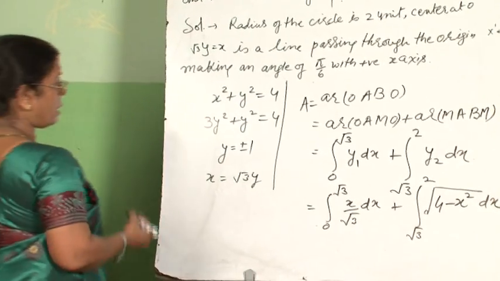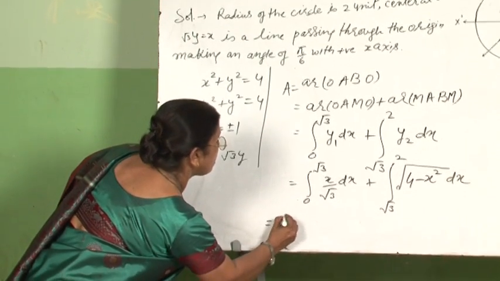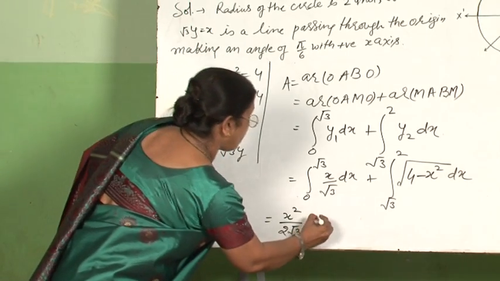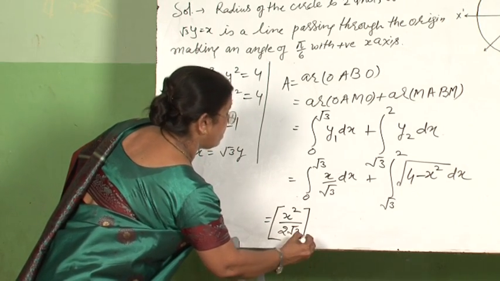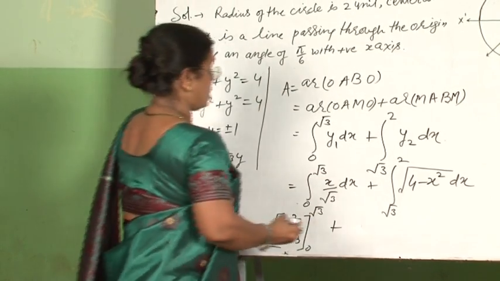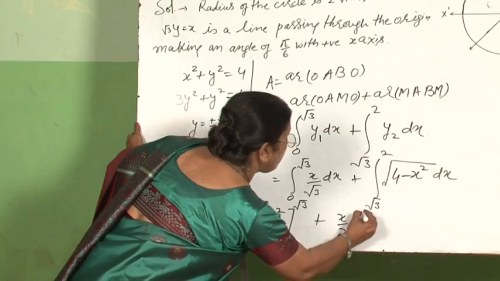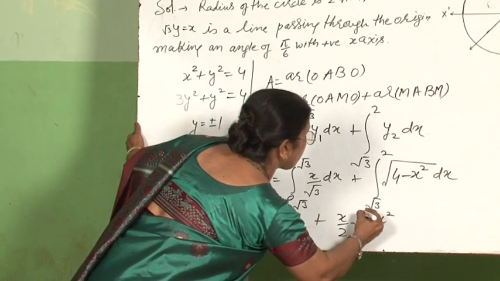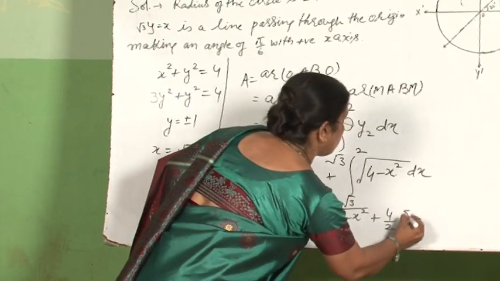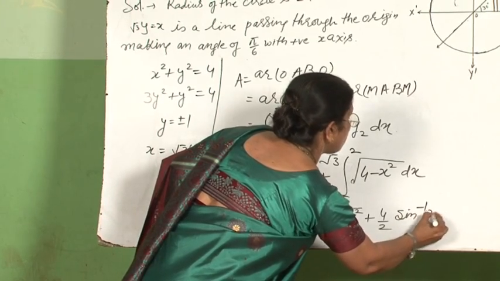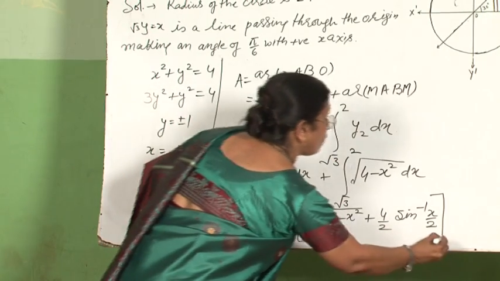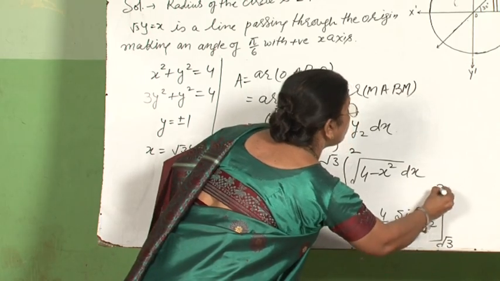Now, we have to integrate these two parts. This is x square by 2 root 3, and the limit is from 0 to root 3, plus the integration of this, which is x by 2 under root 4 minus x square plus 4 by 2 sine inverse x by 2, and the limit of this part is from root 3 to 2.